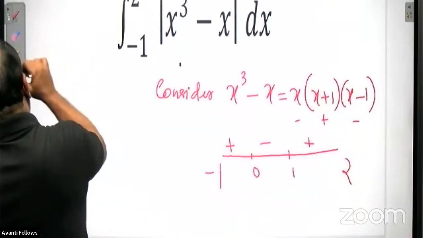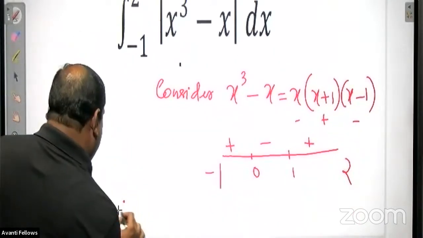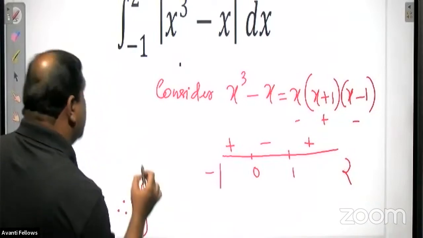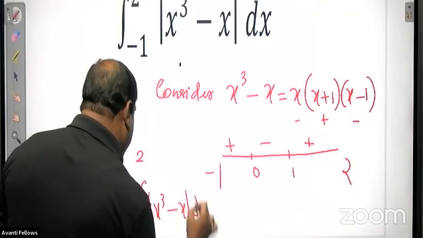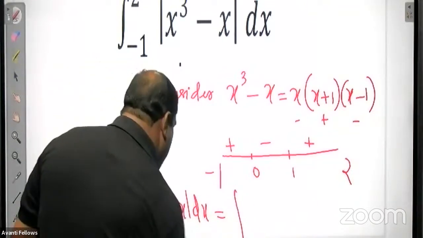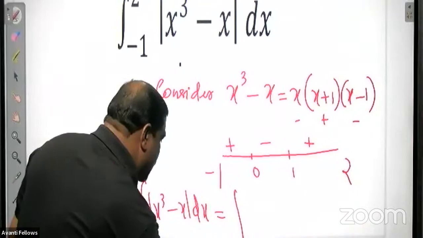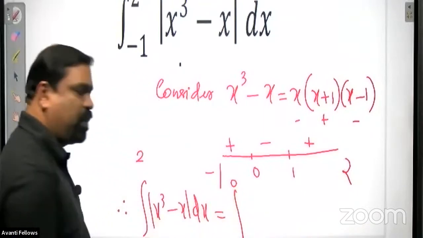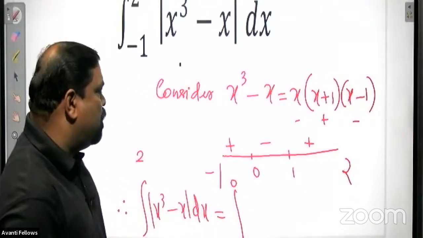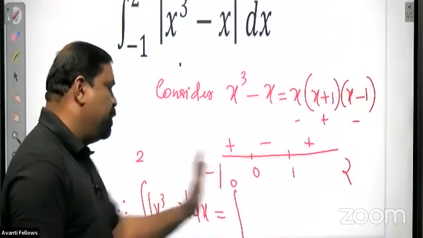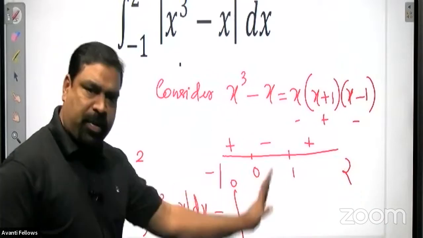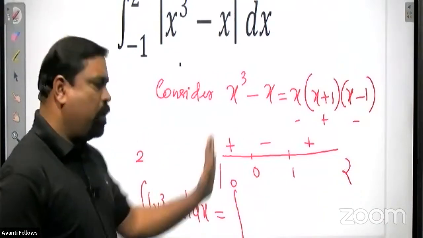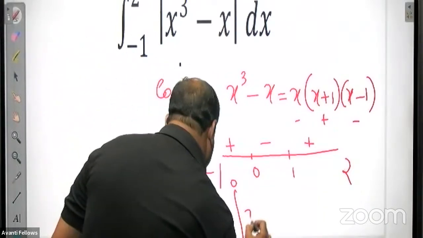So therefore, our given integral from -1 to 2 of mod of x cube minus x dx equals, how to split it? First one, -1 to 0, and in that interval it is positive. Positive means the same thing, mod x equal to x. When the quantity is positive, mod of x cube minus x equals x cube minus x only, same.